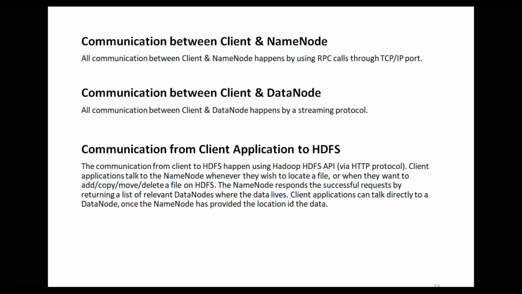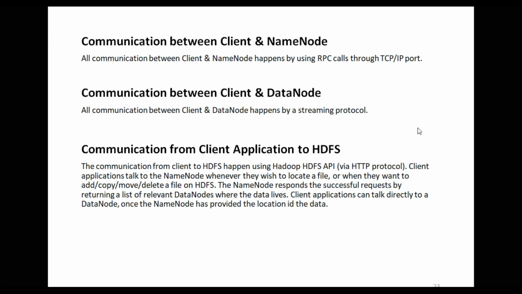First, through the edge node, we have to connect to the cluster, and then locate the file. Where is the file available? Based on which file is required, the communication happens only through the name node.